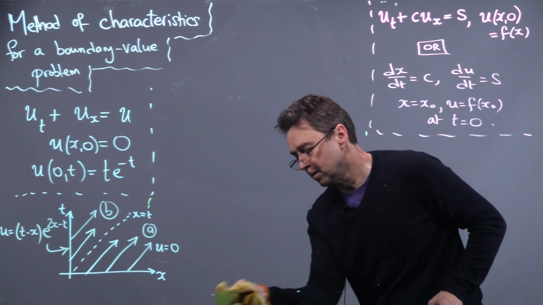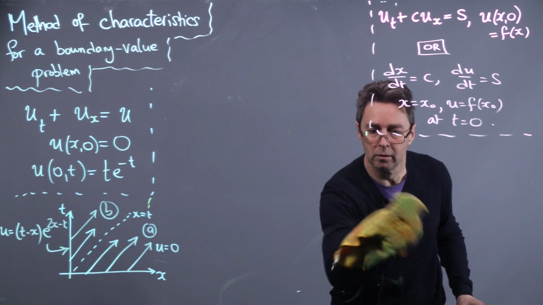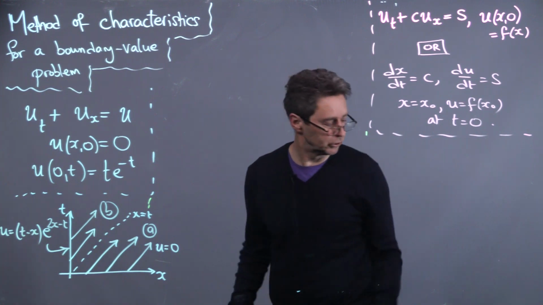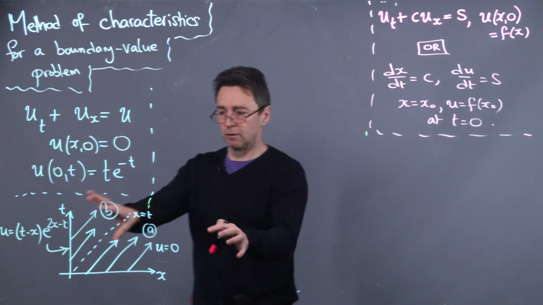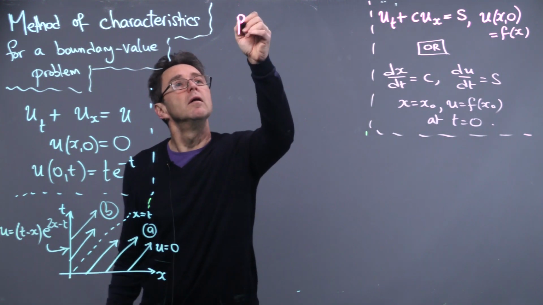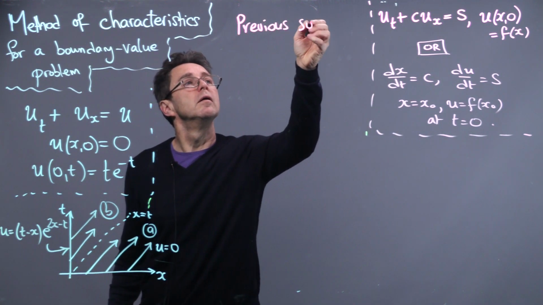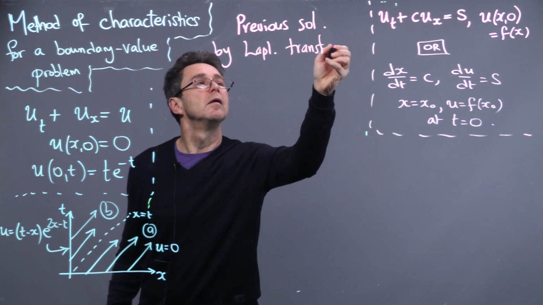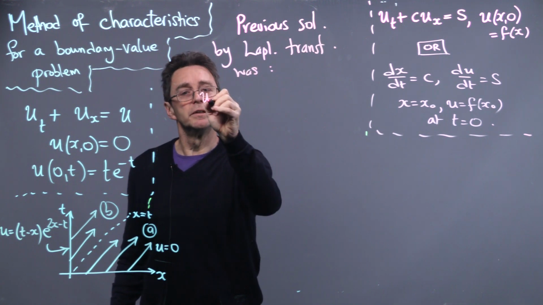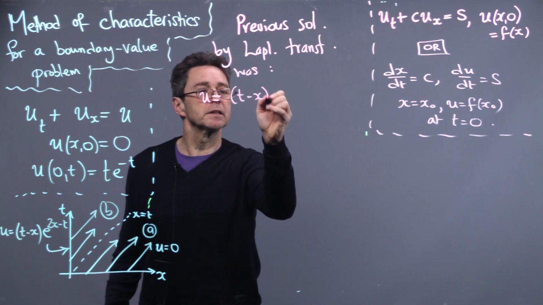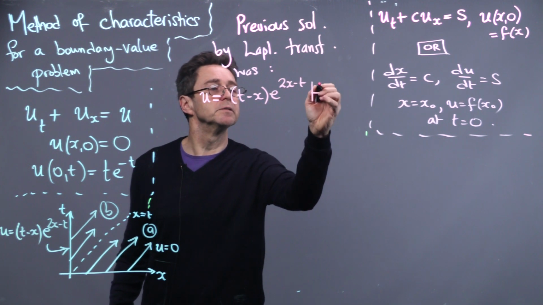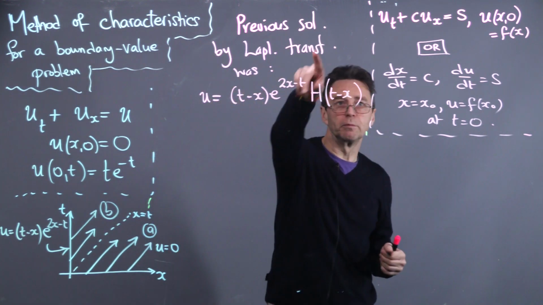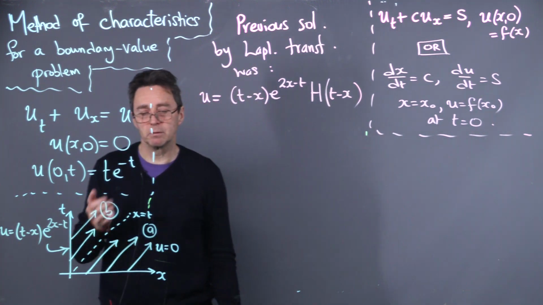Now, at this point, I'm going to draw your attention to the fact that we've previously solved this problem with Laplace transforms. What was it? Well, it was u is equal to t minus x e to the 2x minus t times a step function of t minus x. So we got that by transforming the thing in time using the Laplace transform table and so forth.